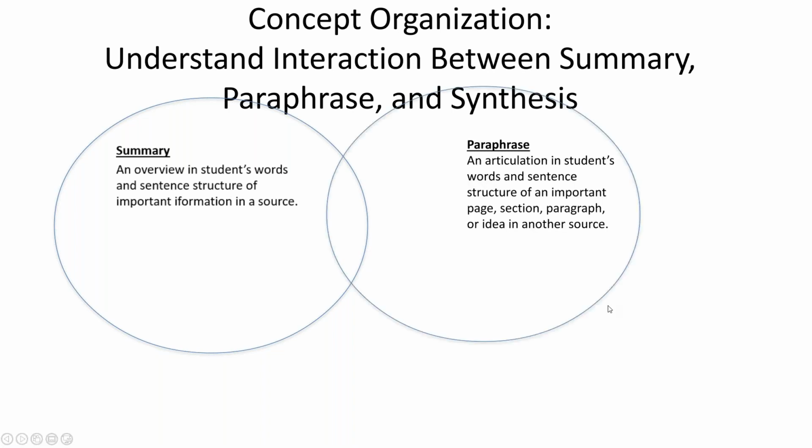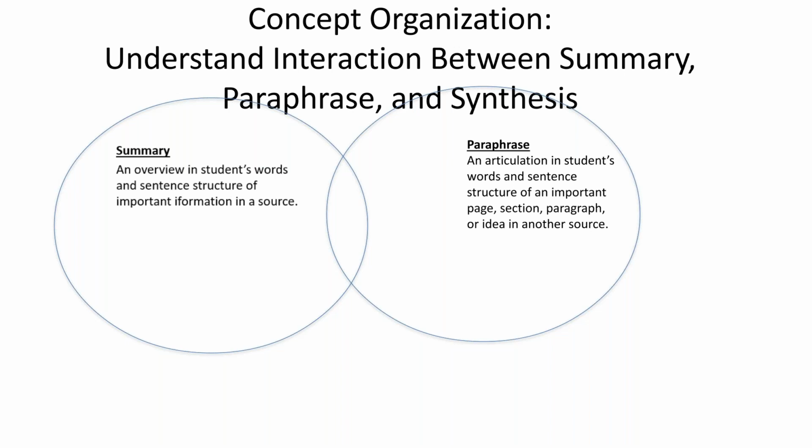Then you have what's called a paraphrase. A paraphrase is also in your own words, also your own sentence structure, right? So you can't just take a sentence and use your thesaurus and change a few words. That's still plagiarism. It's your own words and your own sentence structure of an important page, section, paragraph, or idea in another source. So when we paraphrase, we hone in on one very specific thing from our summary.